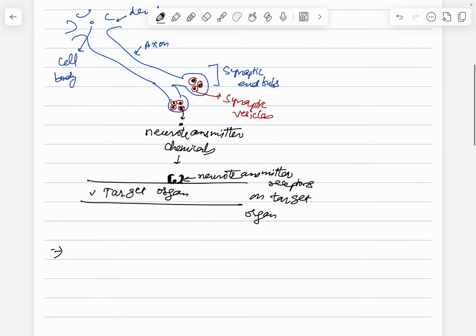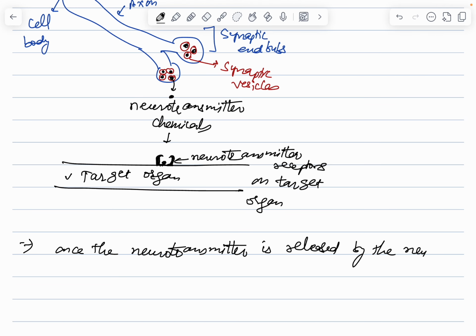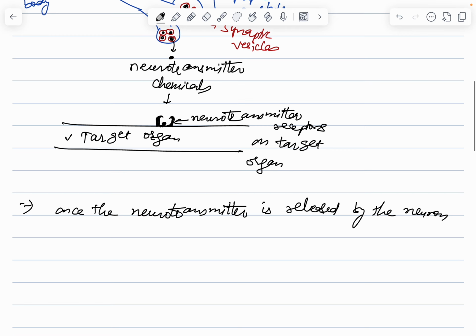So once the neurotransmitter is released by the neuron, what it does, as you can see in the picture, is it attaches to its receptors on the postsynaptic membrane.